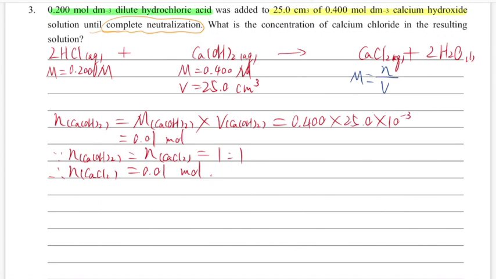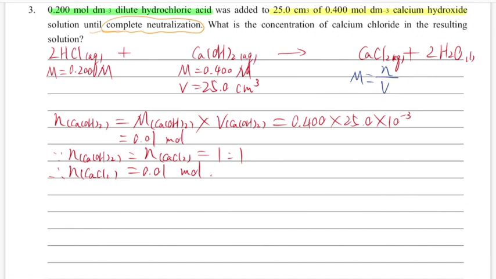Complete neutralization means we can again use the molar ratio. It means it just reacted in the exact amount. No hydrochloric acid is left. It's not in excess, just the right amount. So how do we work out the right amount?